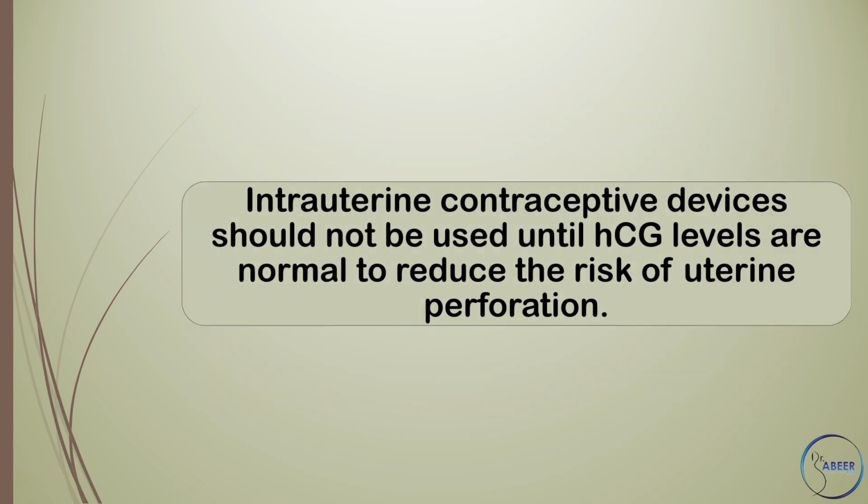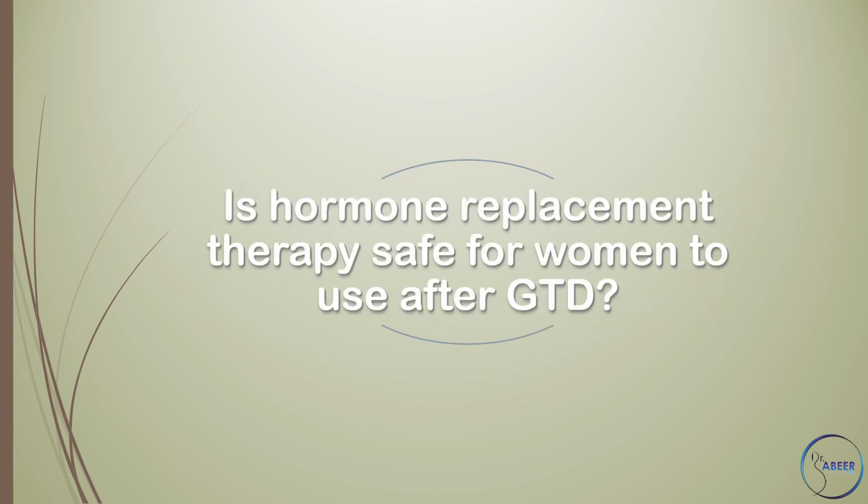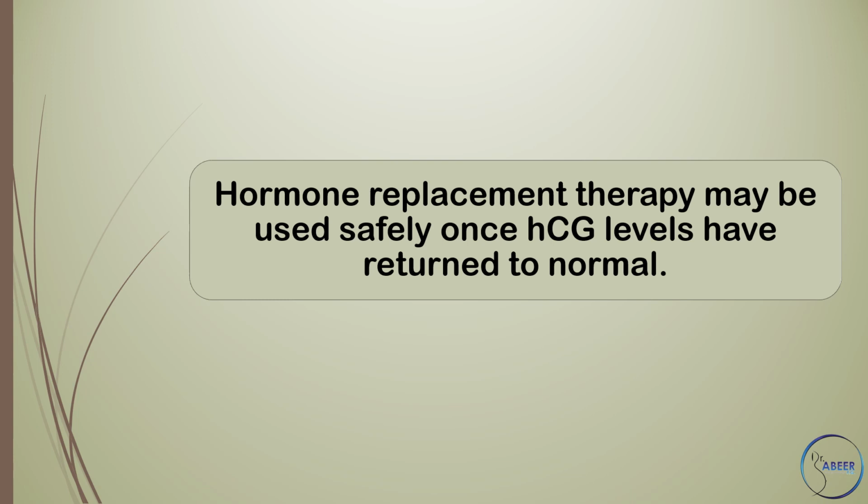Intrauterine contraceptive devices should not be used until HCG levels are normal, to reduce the risk of uterine perforation. Is hormone replacement therapy safe for women to use after gestational trophoblastic disease? Hormone replacement therapy may be used safely once HCG levels have returned to normal.